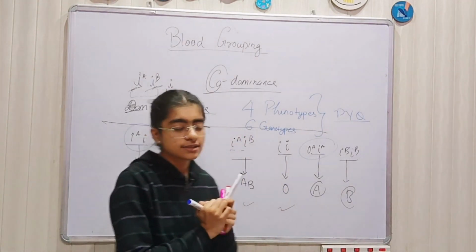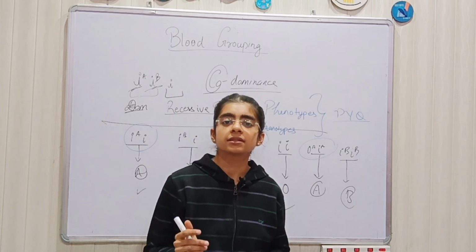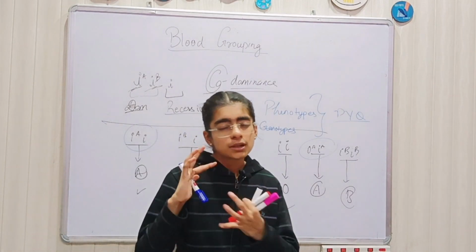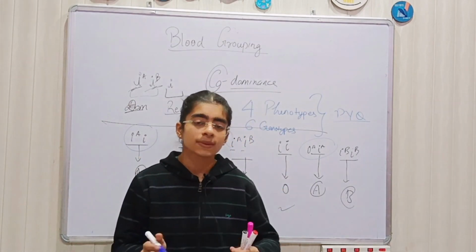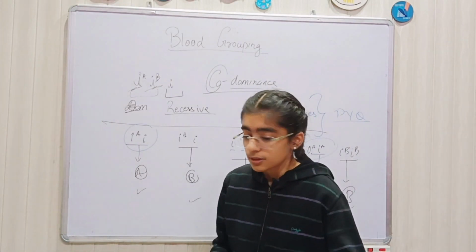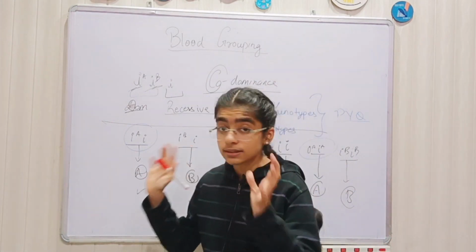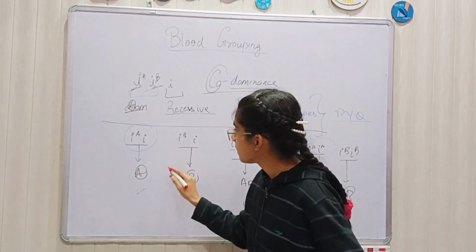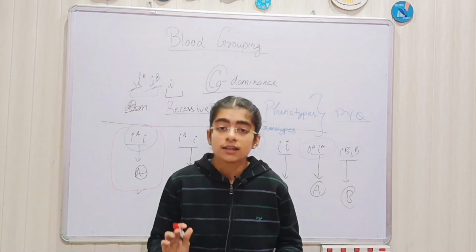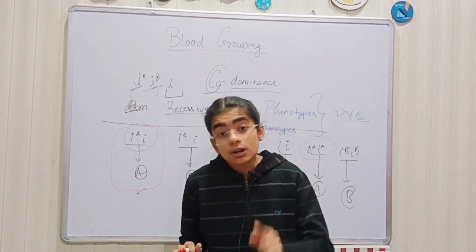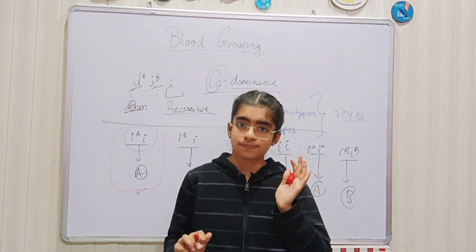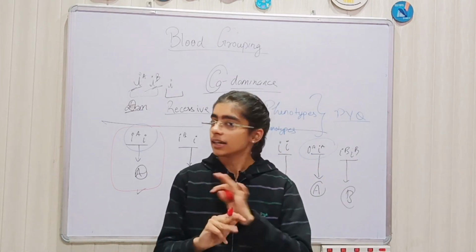Next, I also have the concept of universal donor and universal recipient. That is a part of blood transfusion, but here I will discuss some points related to it. In universal, you have to understand that if I have blood group A, then I will not have the antibody anti-A.